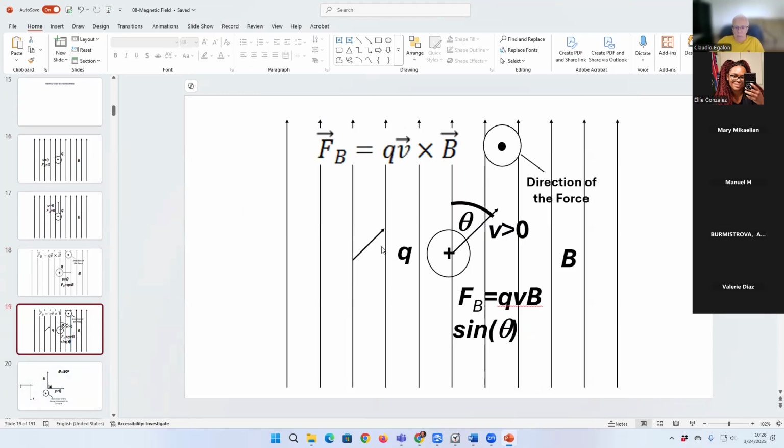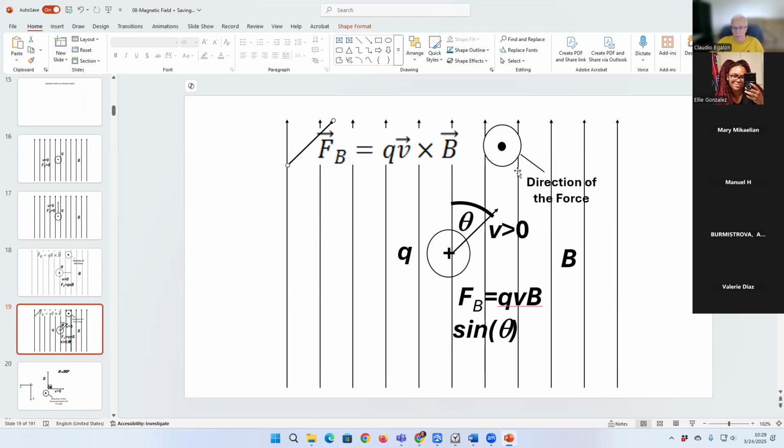See the velocity vector right in here? That's the velocity vector, right? I'm going to copy and paste it. I'm going to take this one out so you don't get confused, right? The angle theta between the velocity vector and the magnetic field vector is given by placing the tail of both vectors together. That's going to be the angle theta.